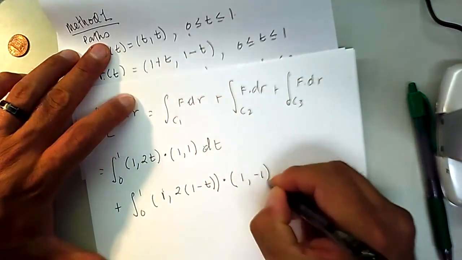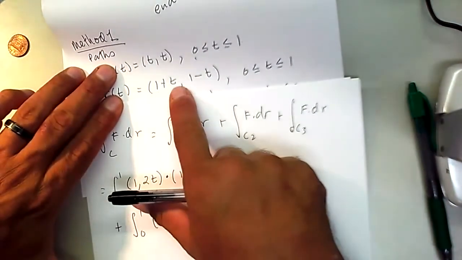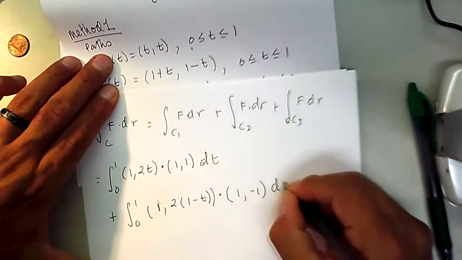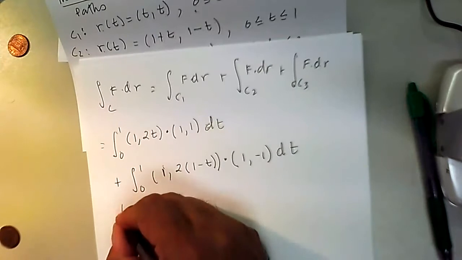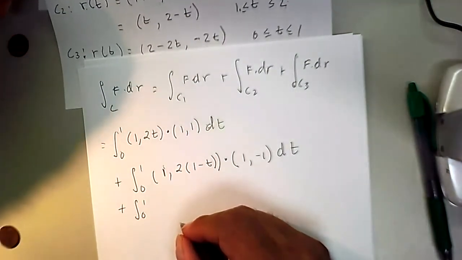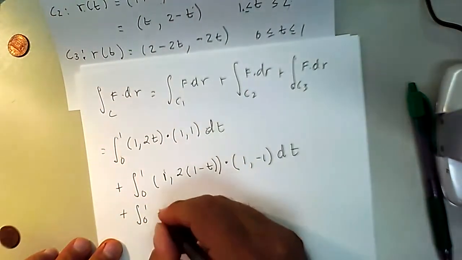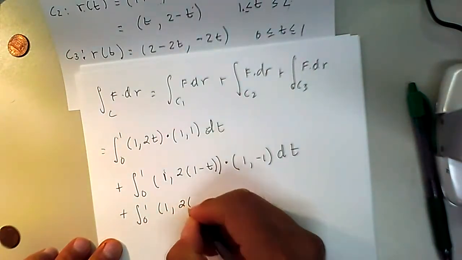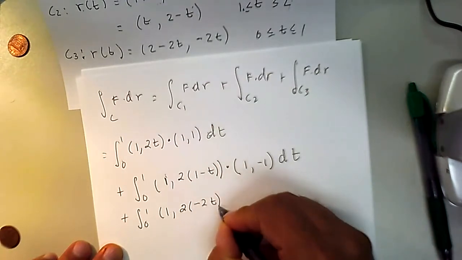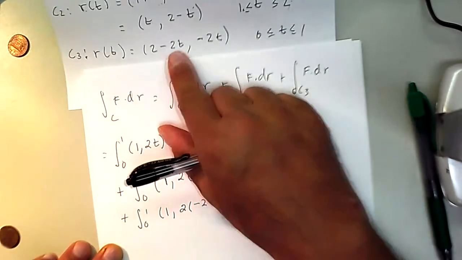Notice that those two are different, 1 comma 1 and 1 comma negative 1, because the derivative of this with respect to t is 1 and negative 1. dt plus the integral from 0 to 1 again, because we're going to be using this parameterization that goes from 0 to 1. 1 comma 2y, but this time y is negative 2t. Close parenthesis of the vector multiplied by negative 2, negative 2.